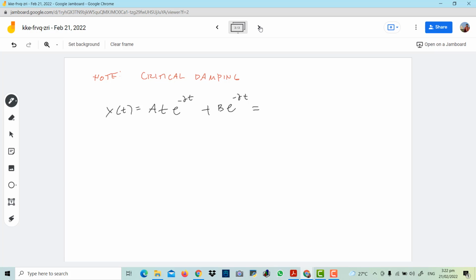If I factor out the exponential function, I have A t plus some constant B. Okay, so this is the general solution of the system if the system is critically damped. Okay? So what we need to find, take note, is the displacement at t equals 1 second.